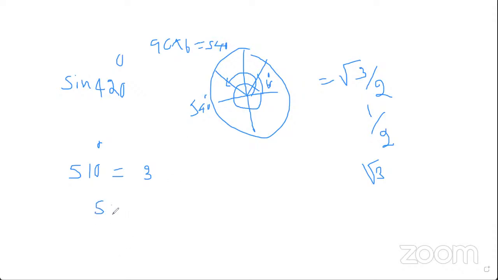So now I want to take sine 510. What is this one? Sine 510. I can rewrite this one. You have to first identify where the location is. Now this is the 540 position.